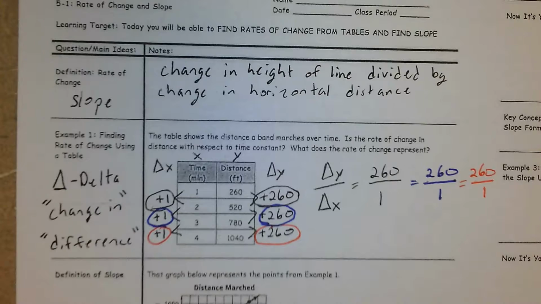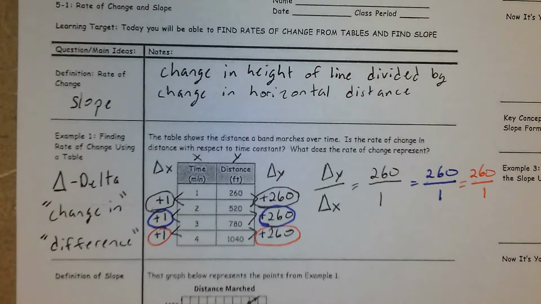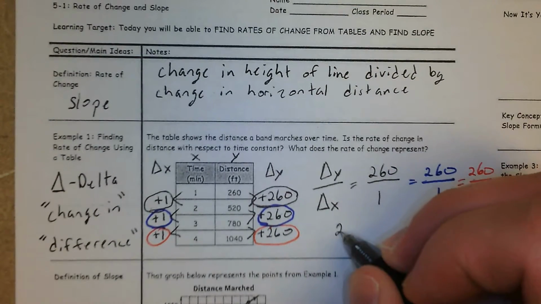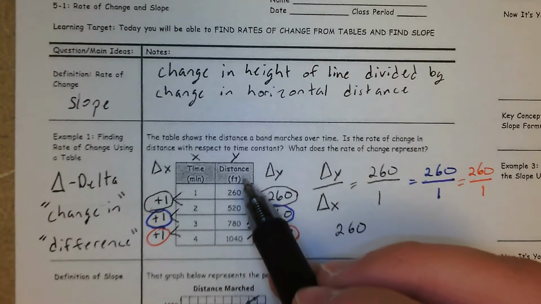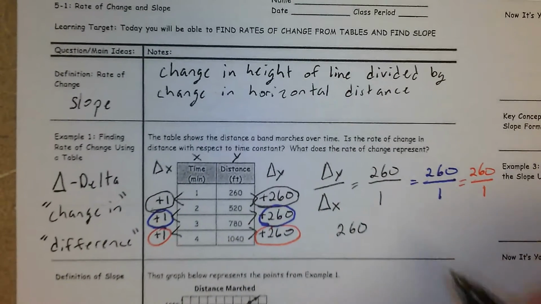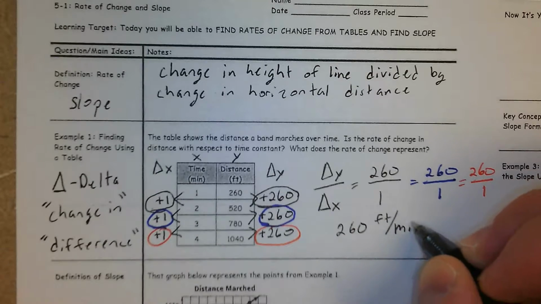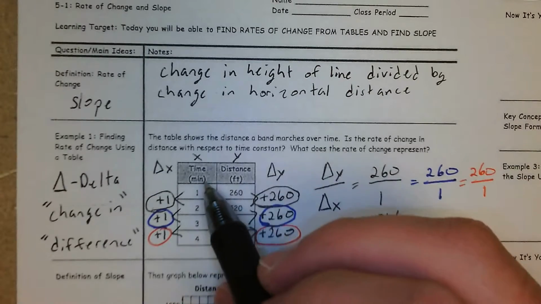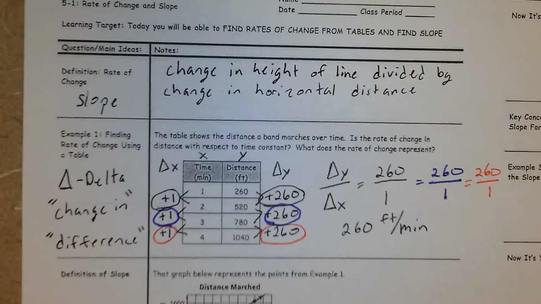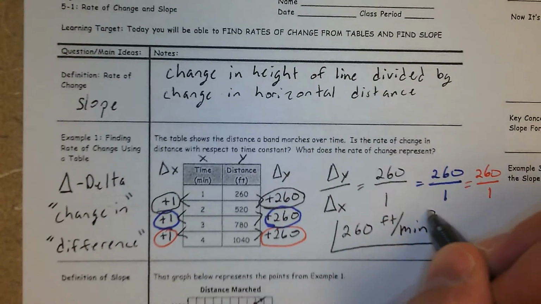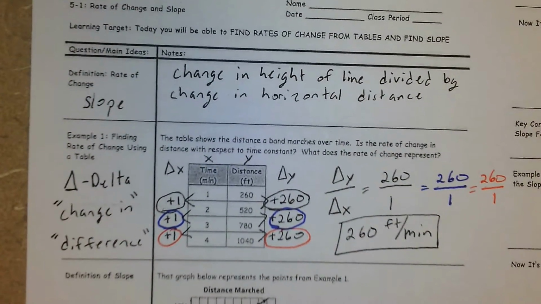So what does the rate of change represent? Well, we would write this as 260 feet per minute, because it's a y divided by the x. So feet per minute, that's what it represents.